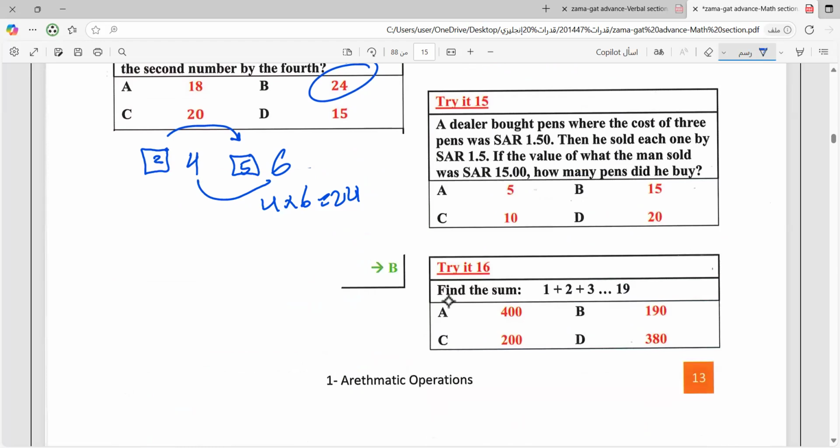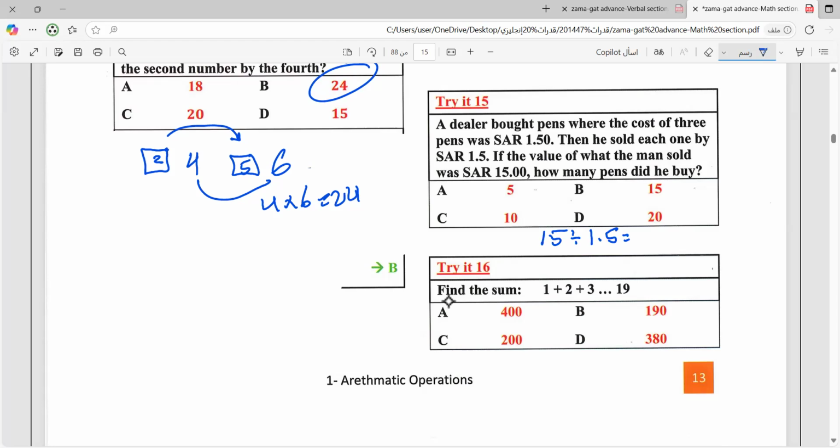Try number 15, Yasmin. A dealer bought pens where the cost of 3 pens was 1.5. Then he sold each one for 1.5. The value of what the man sold was 15. How many pens did he buy? So 1 pen is 0.50. 15 divided by what? 1.5.